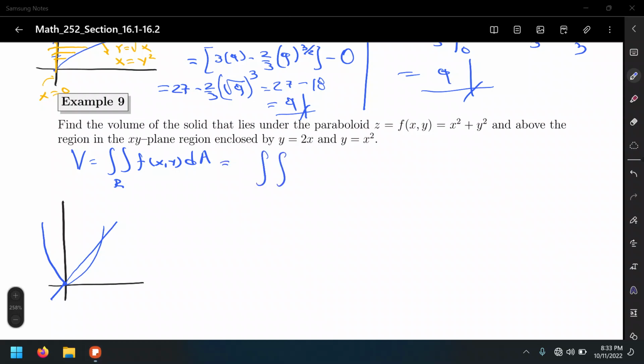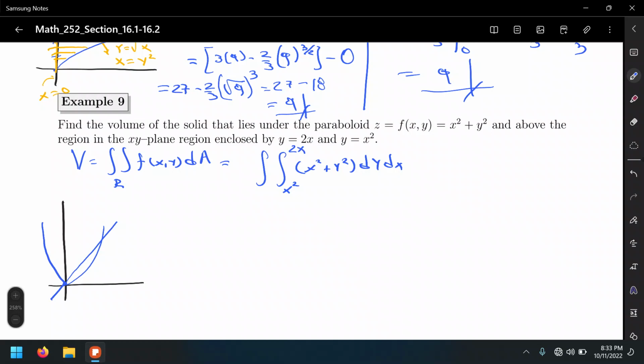So f of x, y is the paraboloid x squared plus y squared, dy dx, and then in the y direction, that's going to be the line minus the parabola, x squared, 2x rather.